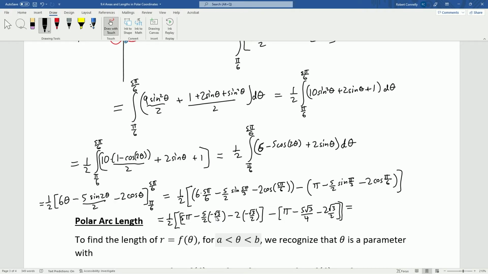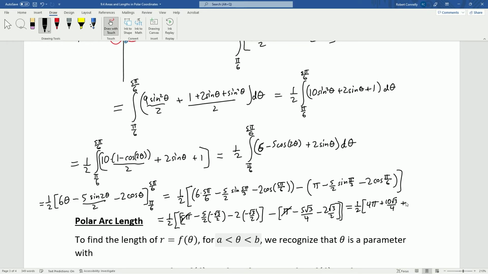Okay, so let's see what we can do here. Got the 1/2 out in front. 5 pi minus pi is 4 pi. And this is the positive 5 root 3 over 4 and positive 5 root 3 over 4. So that's positive 10 root 3 over 4. And then this is positive square root of 3. And this is another positive square root of 3.